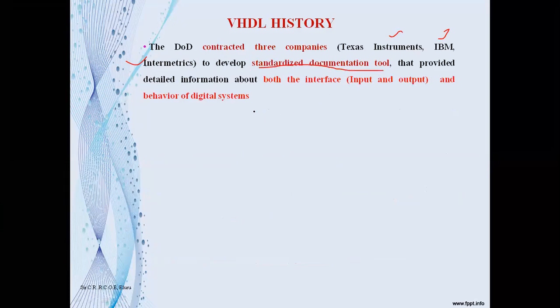These three companies worked together and provided a standardized hardware description language.